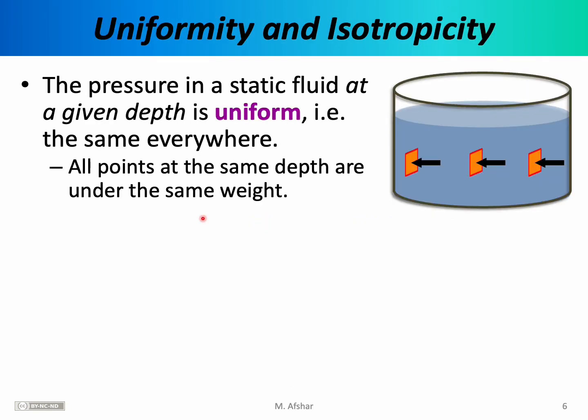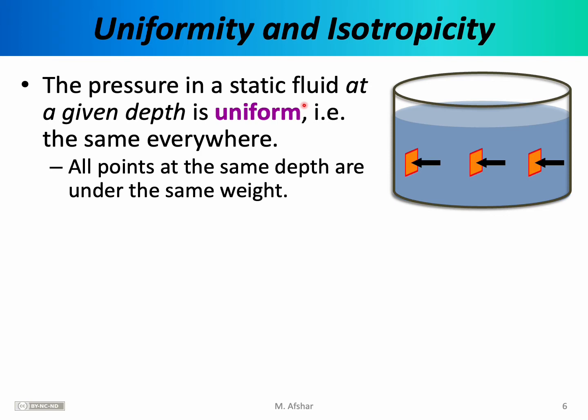Our pressure formula implies a couple of important facts about the nature of pressure. The first important fact is that the pressure in a static fluid at a given depth is uniform, meaning that the pressure is the same everywhere at a given depth. Here we are talking about static fluids, so fluids that are at rest.